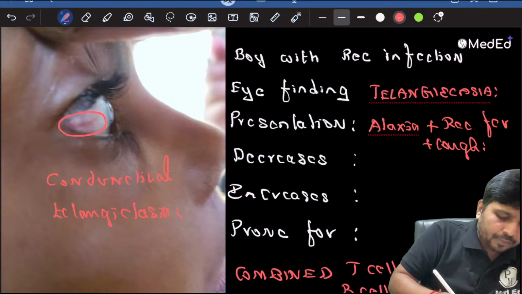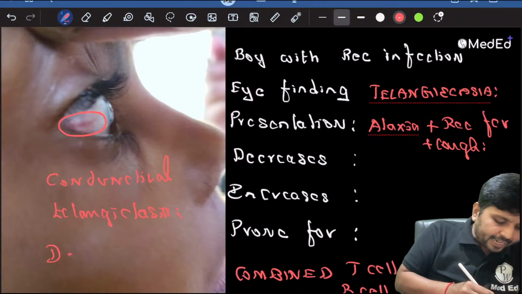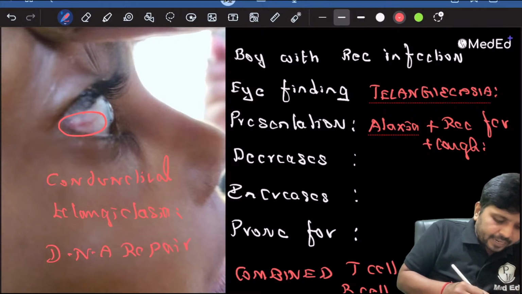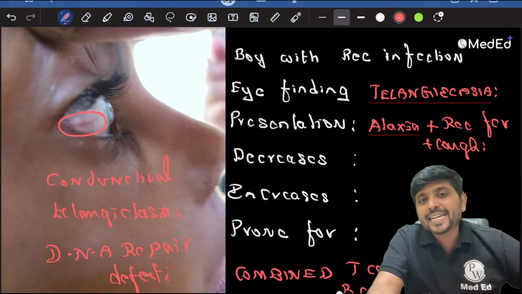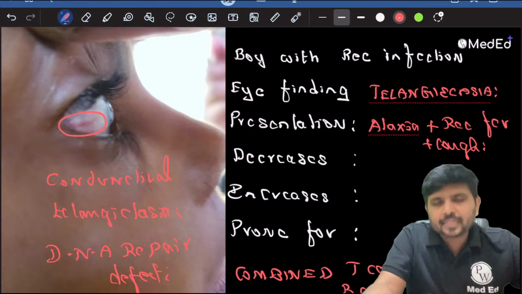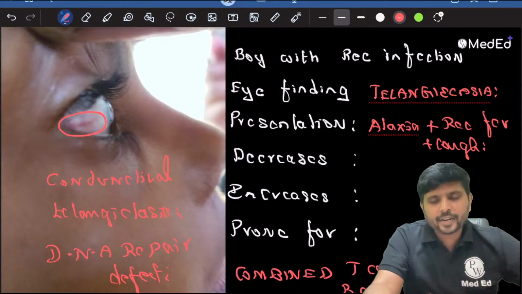It is a disease of DNA repair defect. So T cells and B cells cannot repair by themselves, leading to earlier death of T cells and B cells, leading to recurrent infection, particularly bronchiectasis.